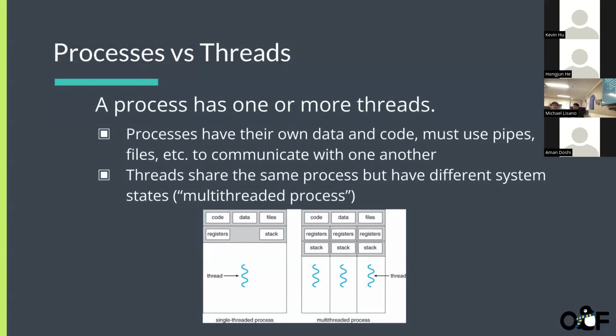If you've taken C61C, you know this. Basically, it's just running many things at the same time, and they can also access the same memory. So again, threads can share memory. Processes cannot.